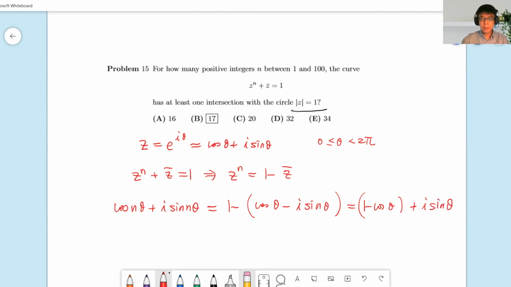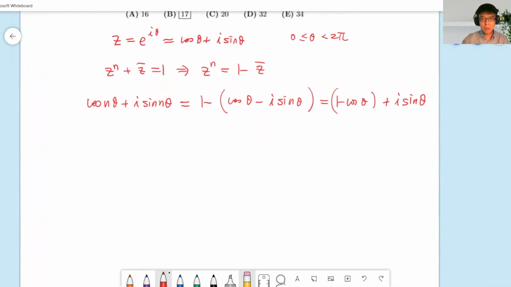So let's compare the real part and the imaginary part on both sides. So we can apply double angle formula for cosine theta. This is going to be twice sine half theta square. And for sine, that's I times twice sine half theta cosine half theta.